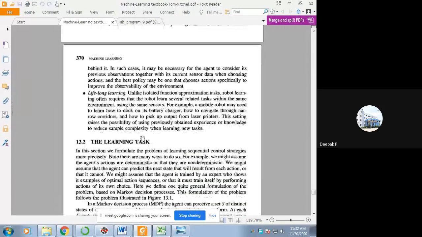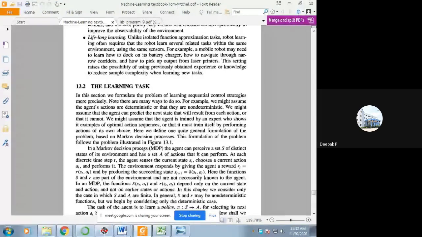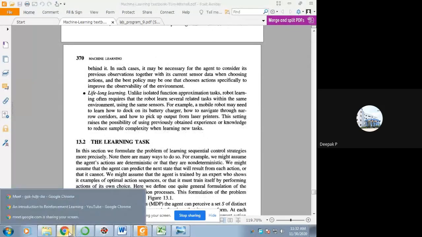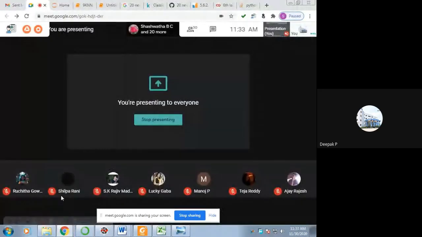And what is the main importance of the learning task? Can somebody tell me what are the recent applications that I told for reinforcement learning? Rajiv? Sir, about the points table you told us, like 2 points whenever a team wins.